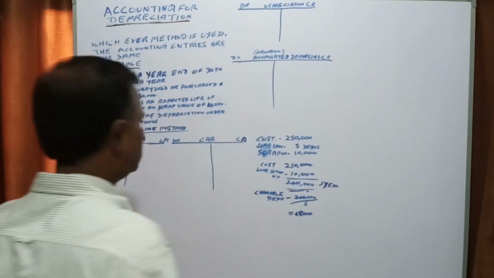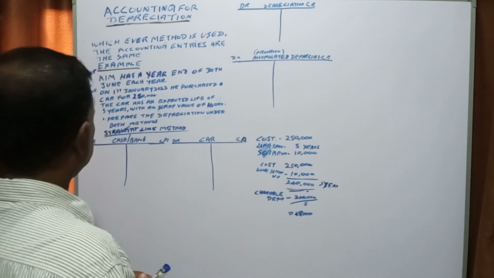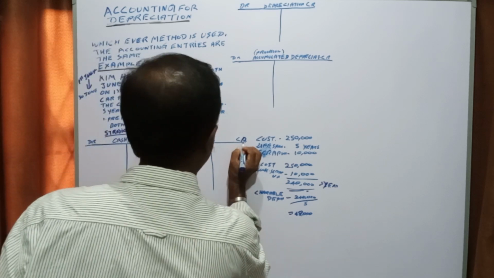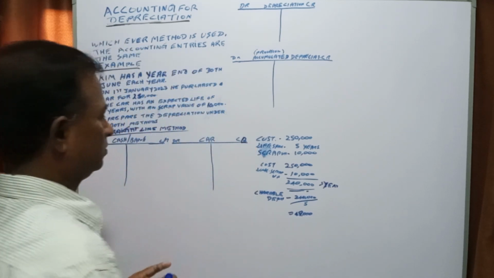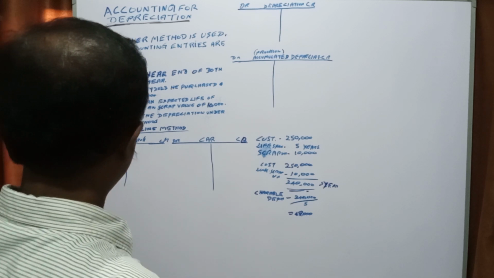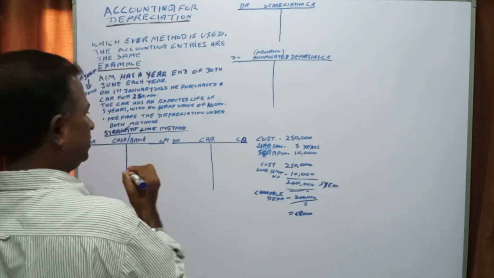Then here the charge is 48,000, and the cash account is credited 48,000 in year 1.